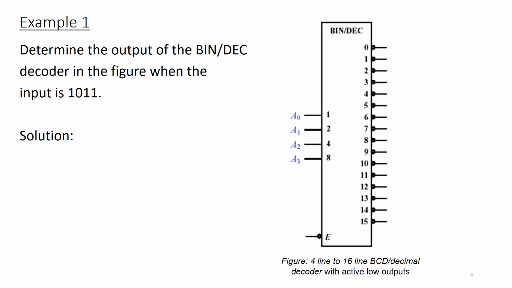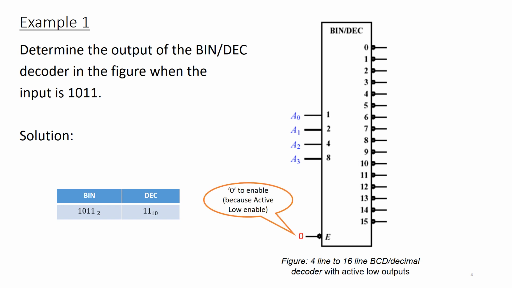So in this exercise, let's determine the output of the binary to decimal decoder in the figure when the input is 1011. So 1011 in binary is 11 in decimal. So we expect that pin number 11 will be activated. First, we need to enable the active low enable input.